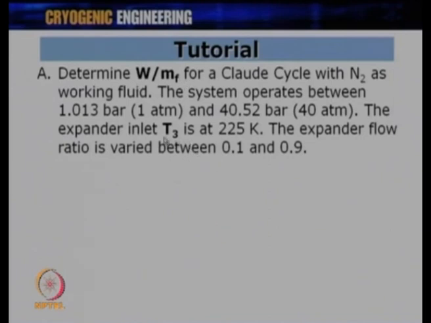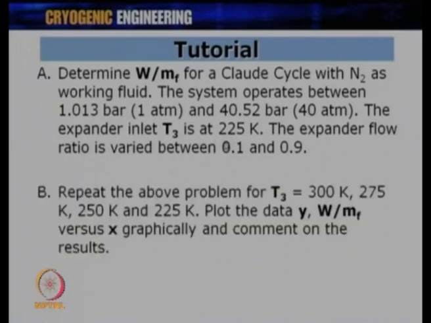Now, in this problem, the value of T3 has been fixed at 225 Kelvin. In part B, we want to repeat the above calculations for T3 equal to 300 K, 275 K, 250 K and 225 K. Herein we can see the role of T3 in the entire cycle. If we reduce the value from 300, 275, 250, 225, how does it change the value of Y and W by MF?